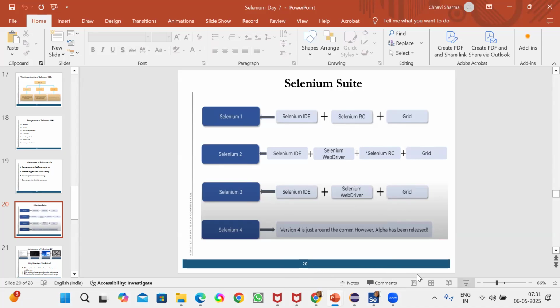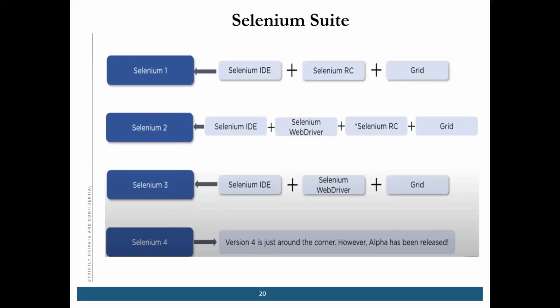But as it is a component of Selenium, we should know it. In Selenium 1, there are three components: IDE, Selenium RC, and Grid. In Selenium 2, there is one more component, which is Selenium WebDriver. In Selenium 3, RC has been removed and WebDriver merged together.